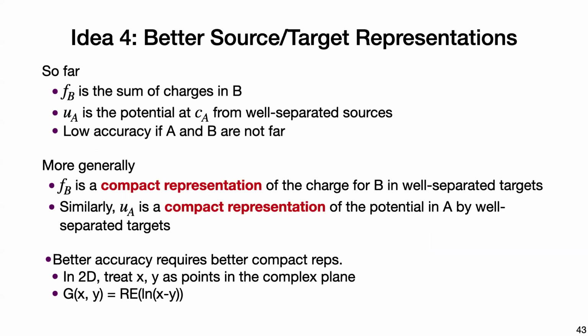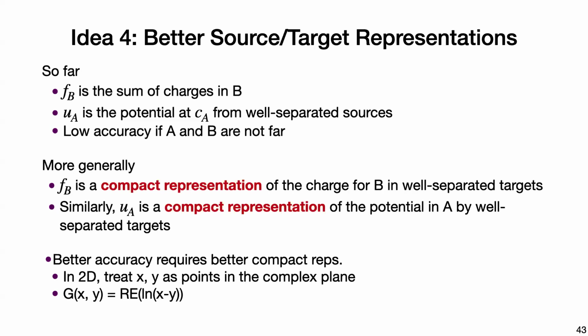And so far, for ease of understanding, F sub B is the sum of all the charges in B. U sub A is the potential of C sub A from the well-separated sources. So U sub A is some approximation of the force onto A from everything that is far away.